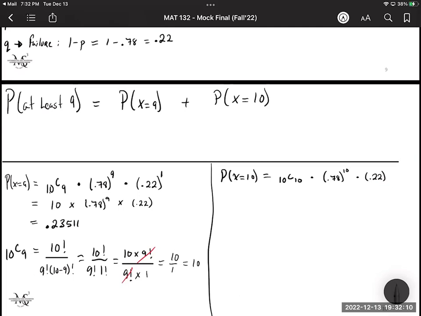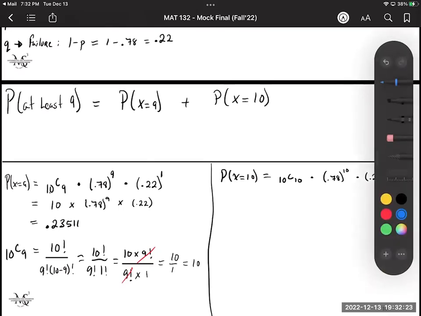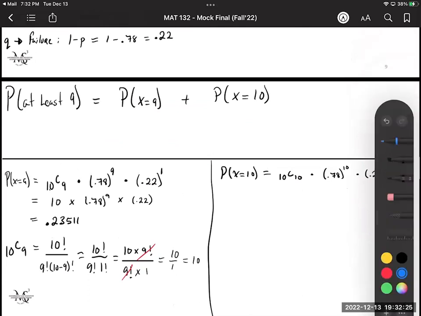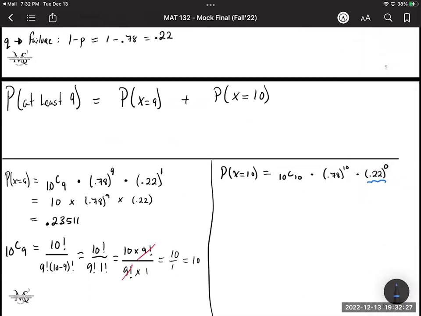So what's 10 minus 10? 0. But don't worry, I know why you said 1. Because if you have any number raised to the 0 power, that number is always 1.